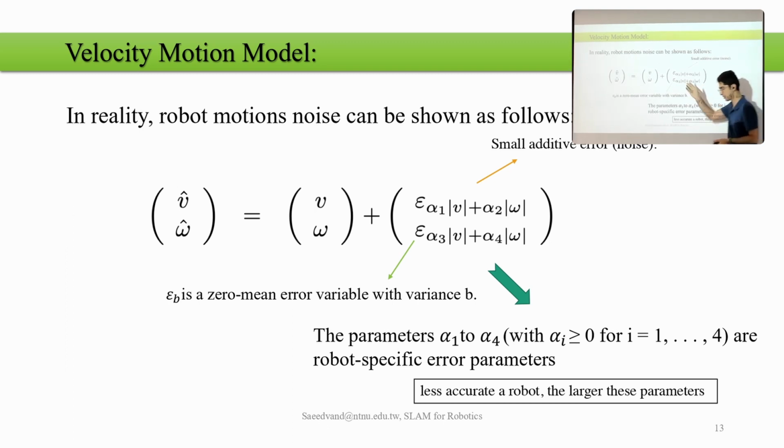And in the rotational error, again, we have both the translational and rotational error. It means that although your robot is just rotating, maybe it is also moving in some direction. Not only is there error on the rotation, but also error in the forward direction too, that we can add.